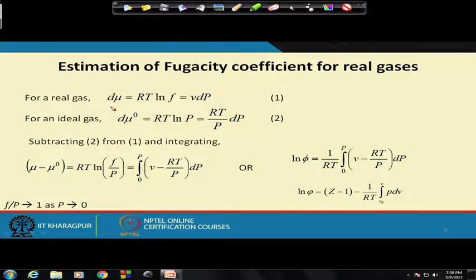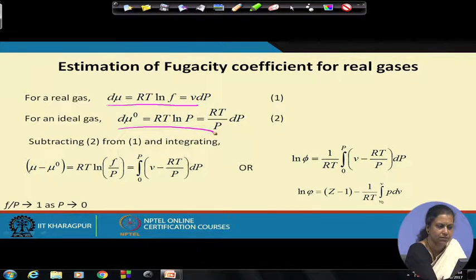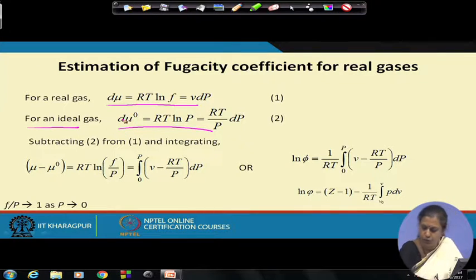Now, whenever we do, we start from the same two equations. For a real gas, this is this. For an ideal gas, the equation is this, because my standard for all particular systems that I use is going to be an ideal gas. Now, I subtract one from the other. On subtraction, what do I get?